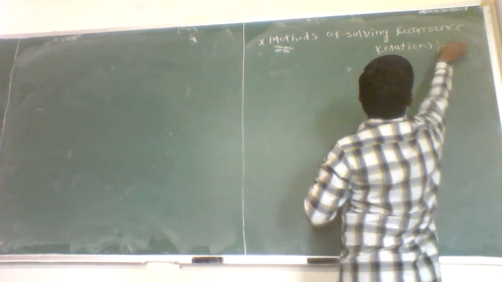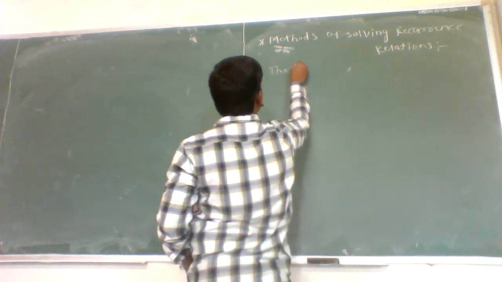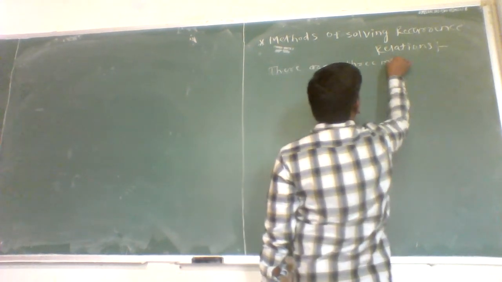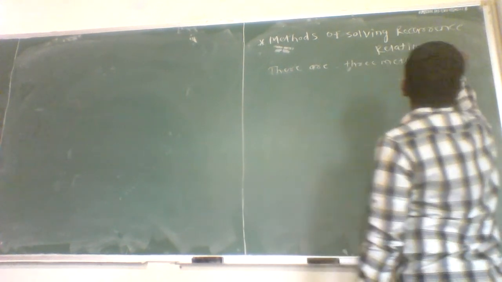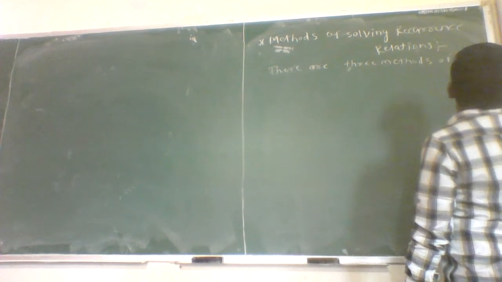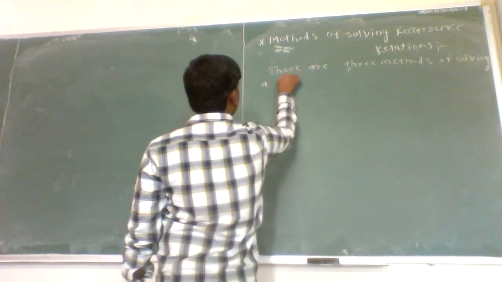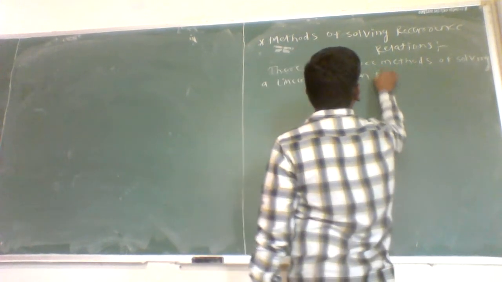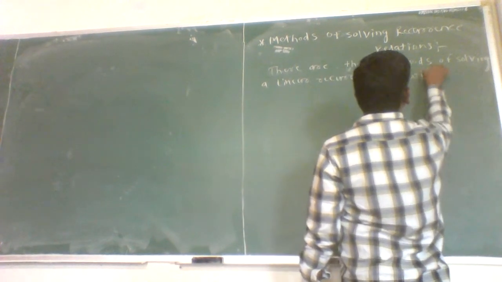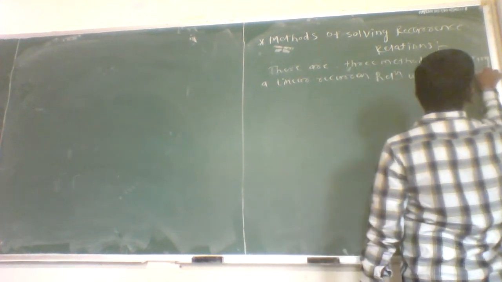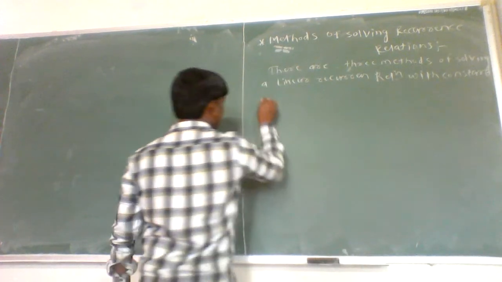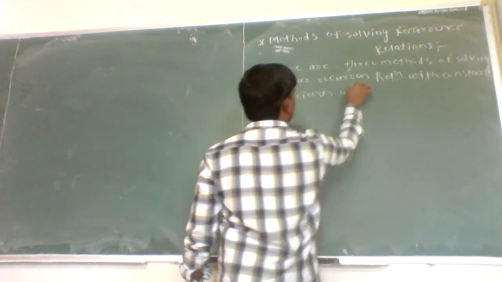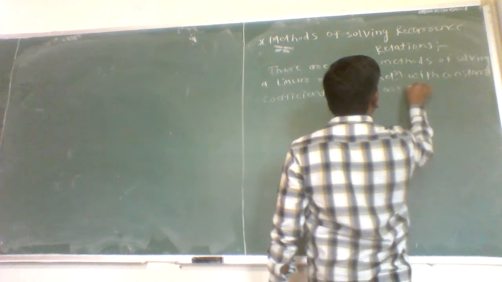There are three methods of solving a linear recurrence relation with constant coefficients, which are given as below.